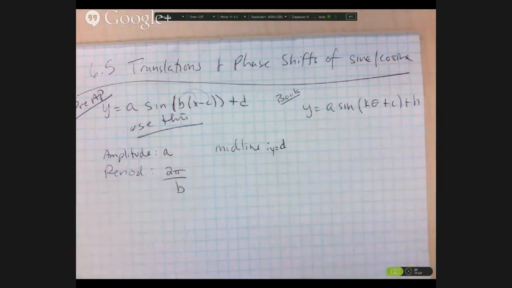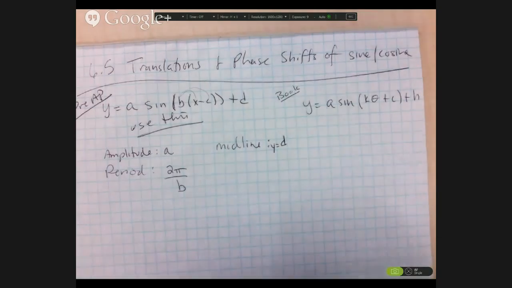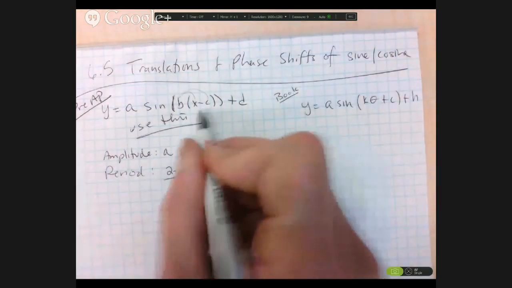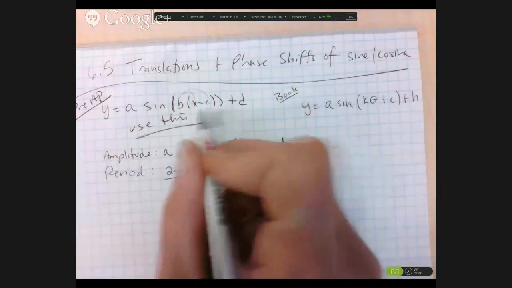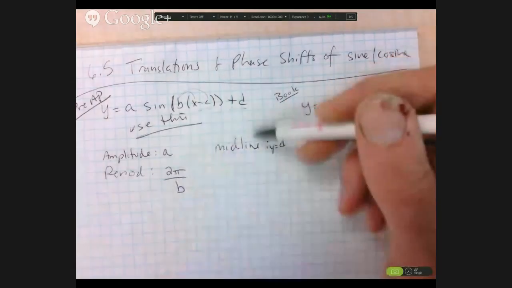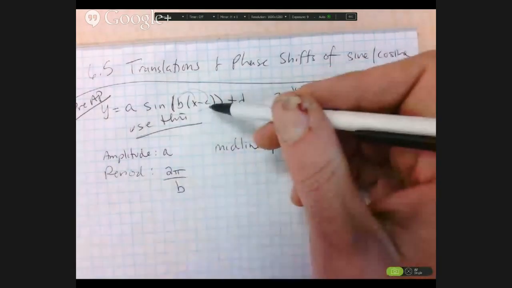So it's just going to move it up or down. Having your knowledge from parent functions, d does move up and down. Remember that. What is the c going to do?